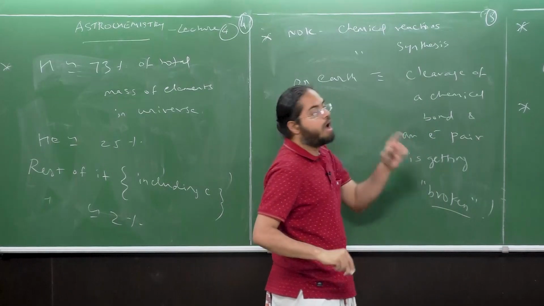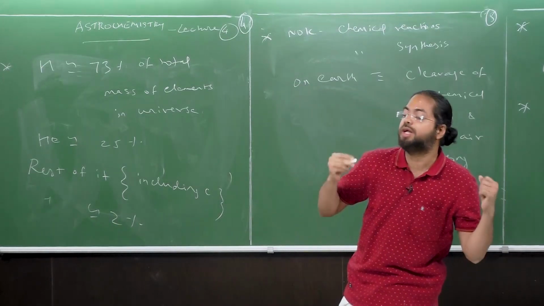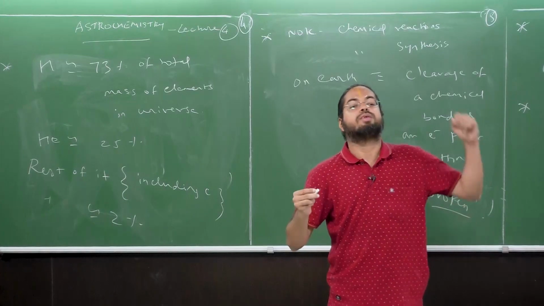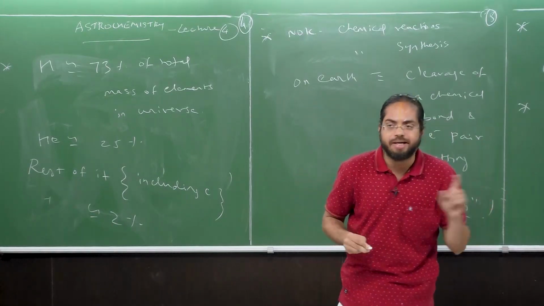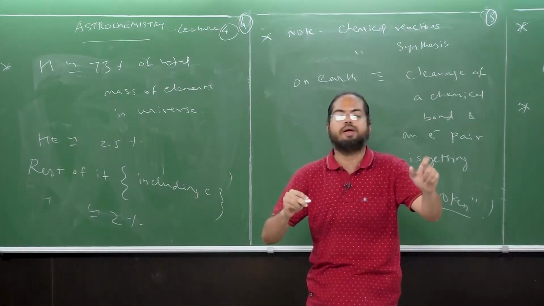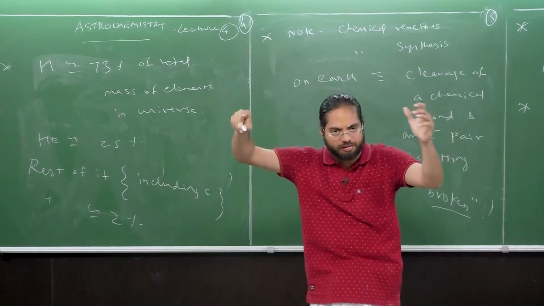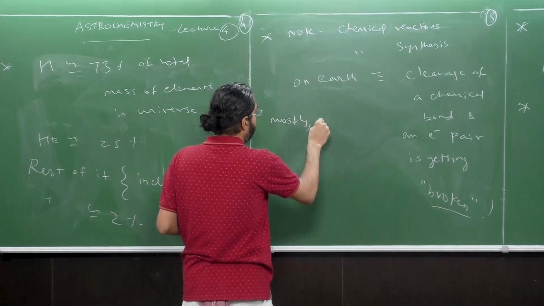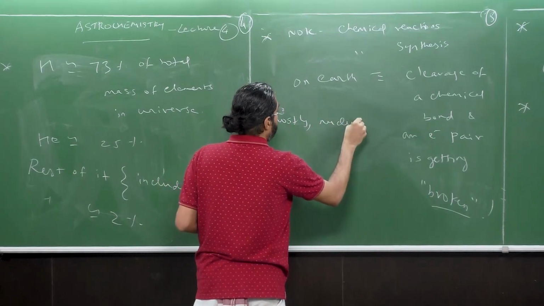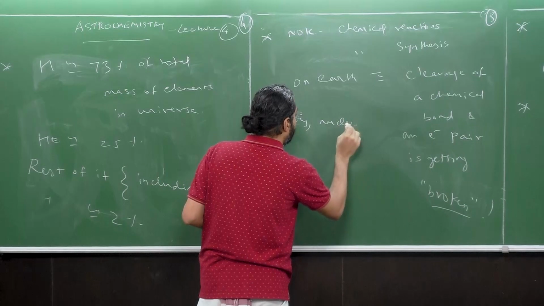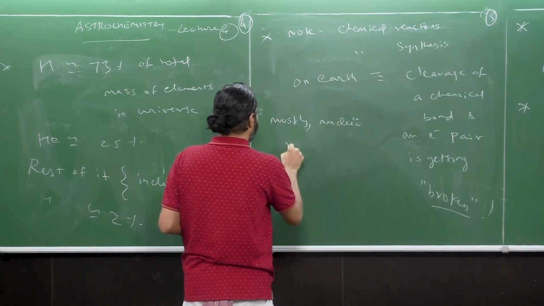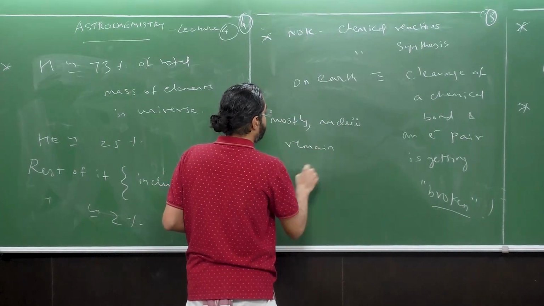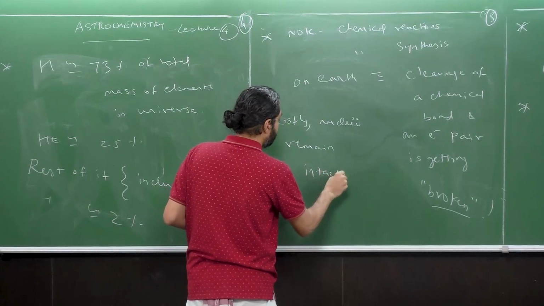Okay, right? However, what happens to the nuclei? For the major part, the nuclei remain intact unless you're talking about a nuclear fission or fusion that happens in nuclear reactors. Okay, mostly nuclei remain intact.